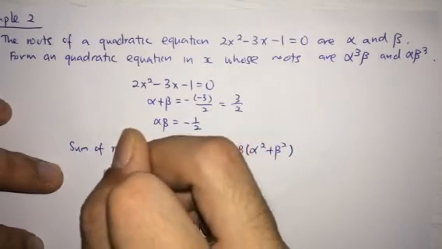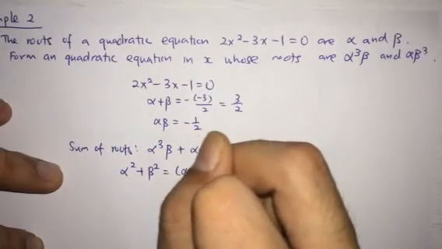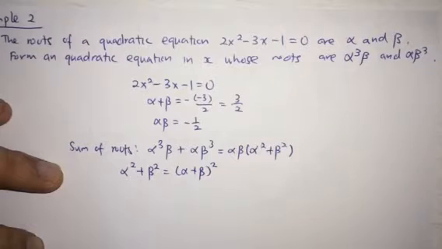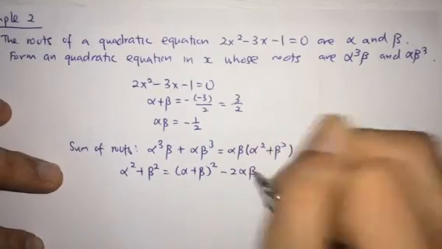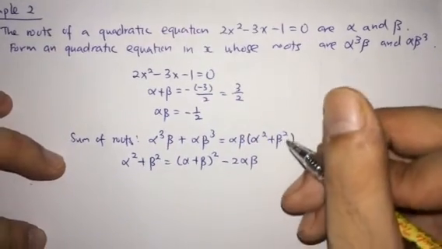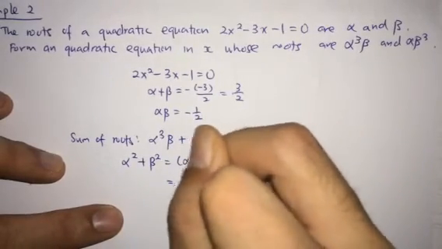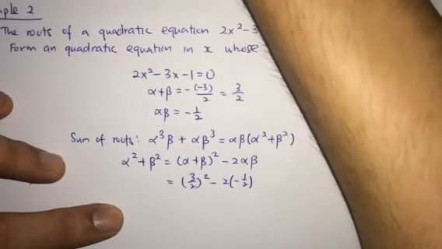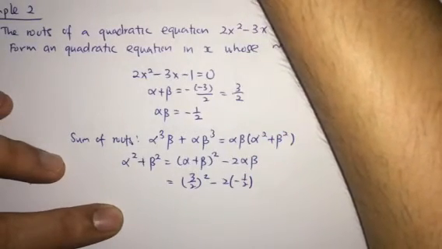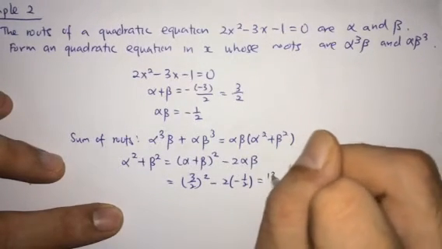If not, let's learn it from here. Alpha squared plus beta squared is alpha plus beta whole thing squared, then we get rid of the 2 alpha beta in between. Substituting all the values inside, we have 3 over 2 squared minus 2 times minus half. And this gives me 13 over 4.